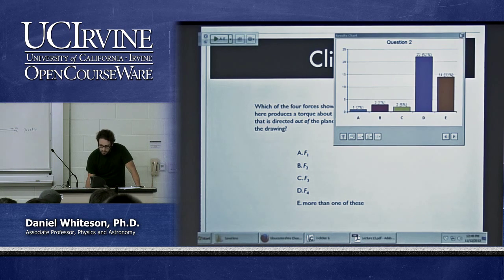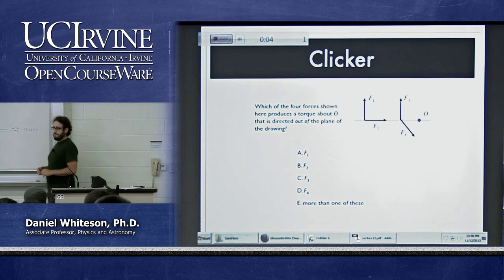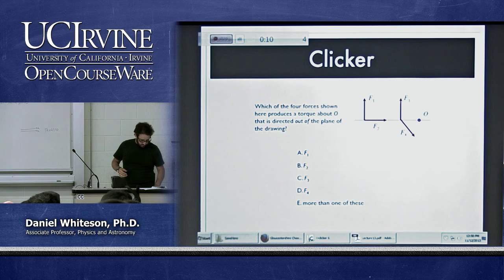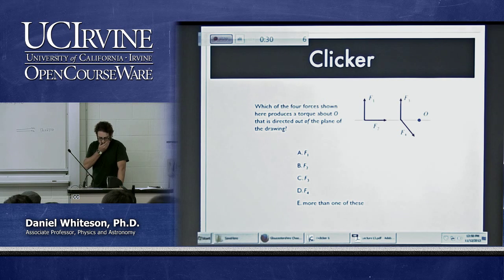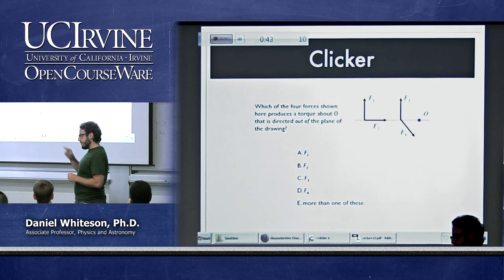All right, so some disagreement here. Why don't you discuss it with your neighbor? Vote again. From the origin to the point where it's active.